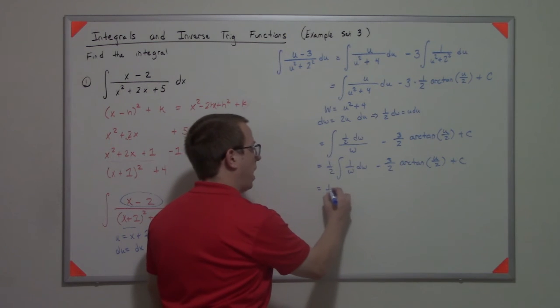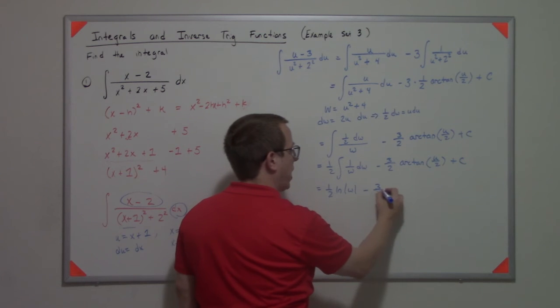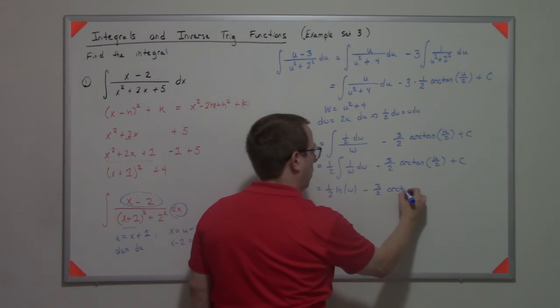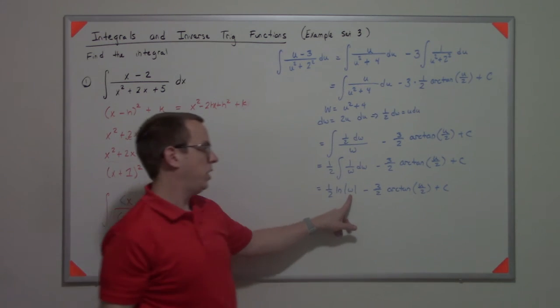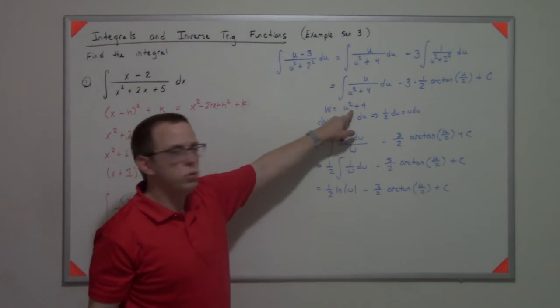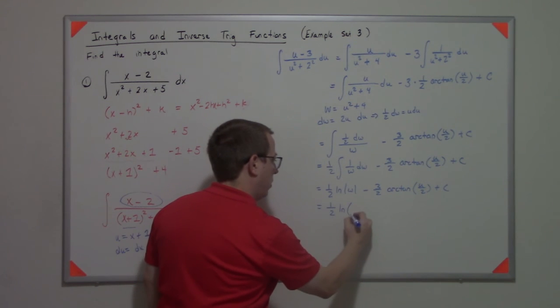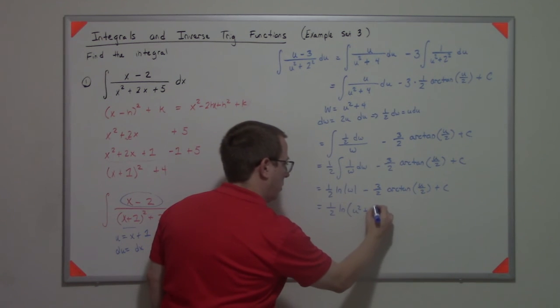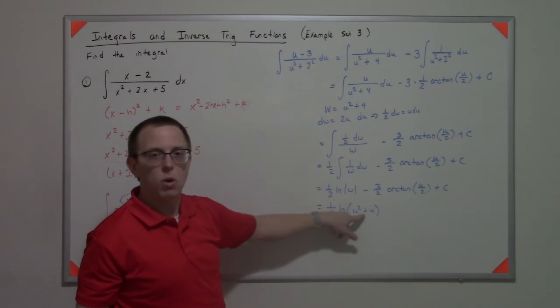So that's 1/2 the natural log of w minus 3/2 arctan u over 2 plus c. Okay, but then w is u squared plus 4, and I took away the absolute value because this is always positive.